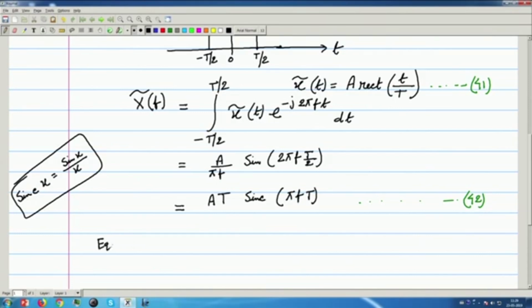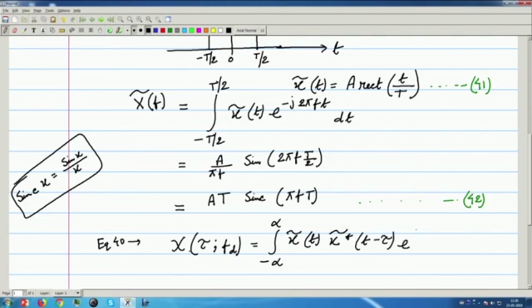From equation 40 I can write that the ambiguity function chi(tau, f_d) is the integral from minus infinity to infinity of x(t), or x tilde(t), times x star(t minus tau) e to the power j 2 pi f_d t dt.